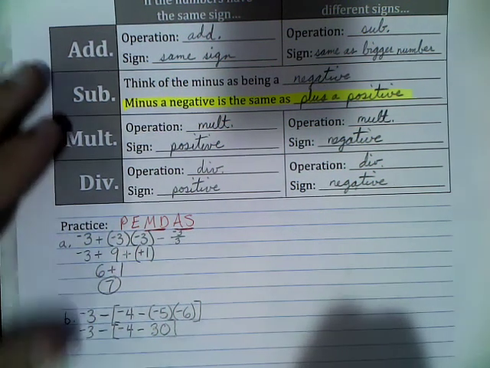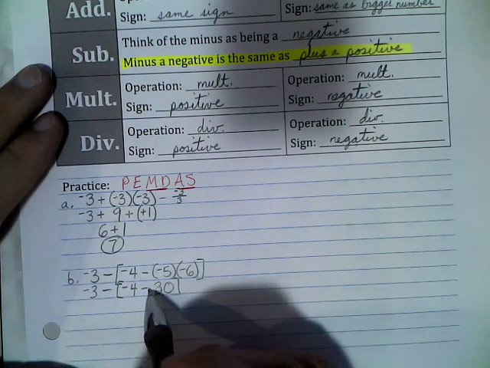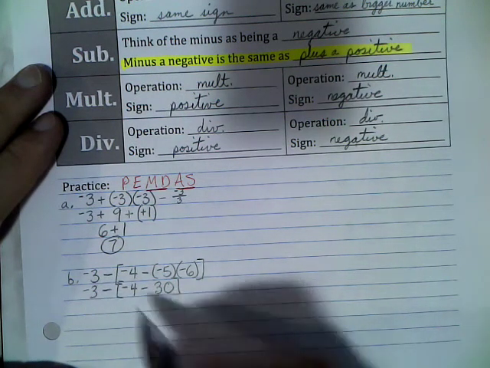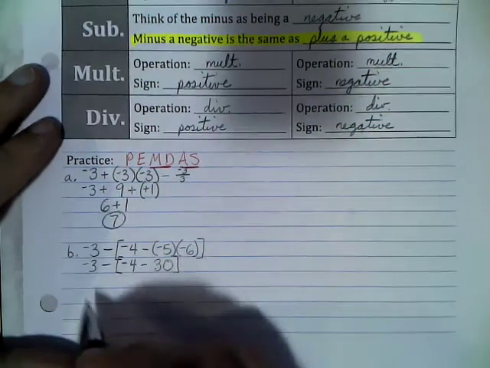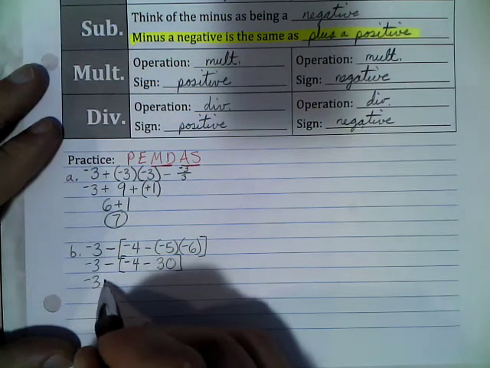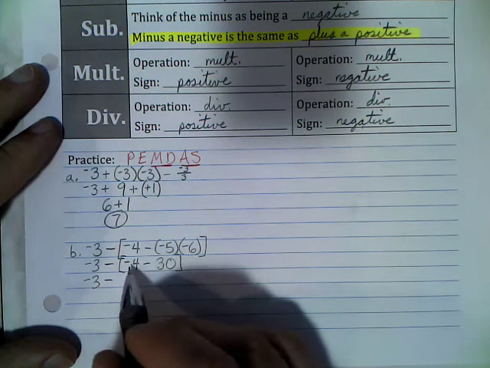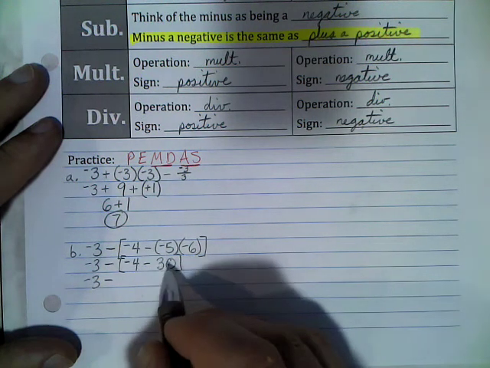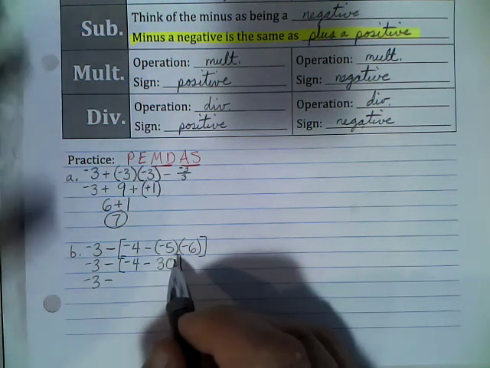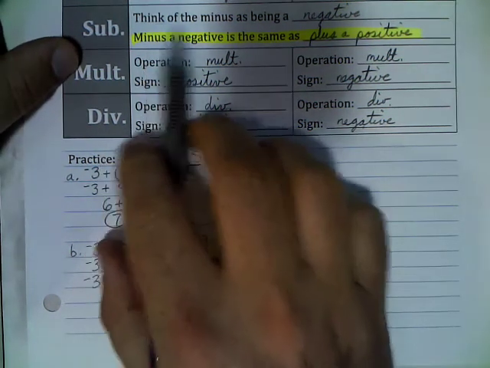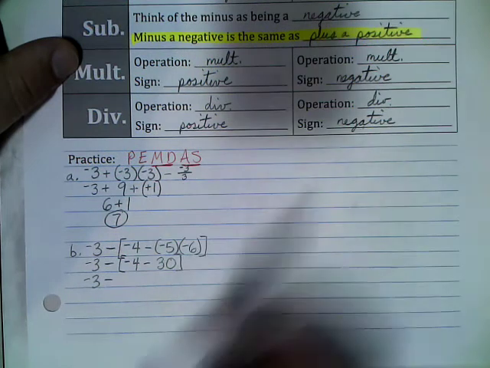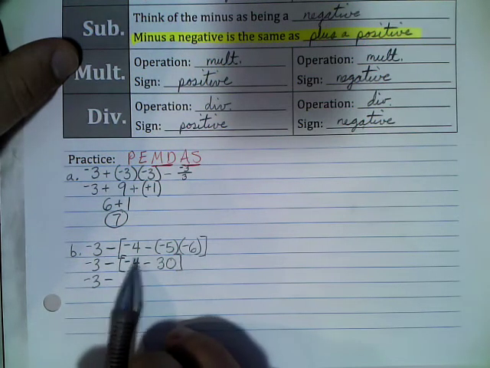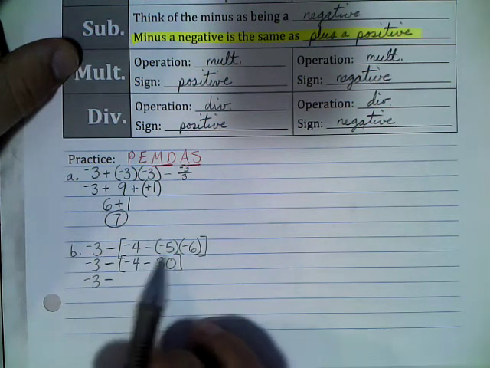And close the bracket. Now just following the order of operations, obviously I got to do that before I can do -3 minus it. So I'm going to do -3 there, minus, just copy those down. And then over here, I've got a -4 minus 30. Now remember, we've said this a few times now. Think of the minus as being a negative. So what's really happening here is we have a -4 and a -30.